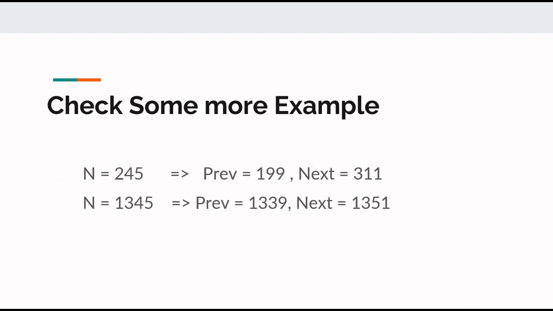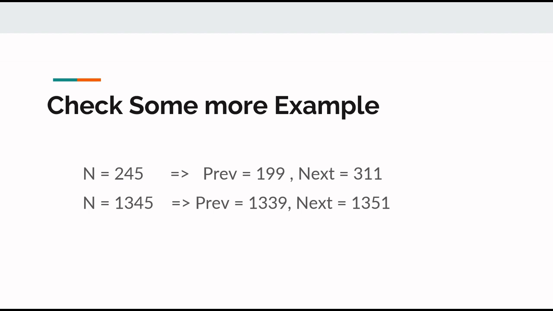Okay, now next let's move to some more examples. 245. Okay, 245, I can see 2 is even, 4 is even, so the previous number is 199. Why? Because in 245 I can't take any number in the series of that 4, from 40 to 45. I can't take any number because 4 is there. Now if I move to 3, like 239, I can't take that also because 2 is there, so I had to take the number before.